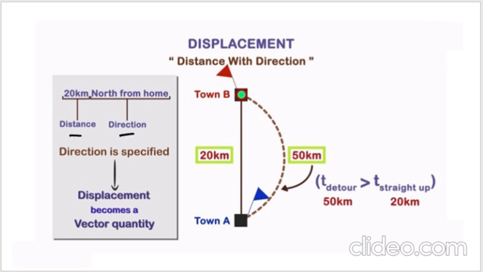So when direction is specified, both direction and magnitude are there. So it is displacement, and displacement becomes which quantity? A vector quantity. Okay, let's see one more example and then determine what is distance and displacement, and whether they're scalar or vector. Distance we have to find out; displacement requires the magnitude as well as the direction, so it is a vector.